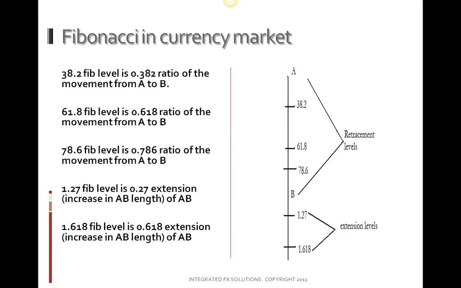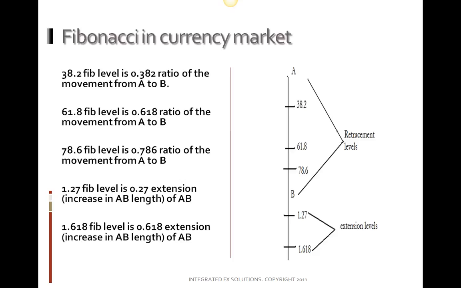The 78.6 Fibonacci level is a 0.786 ratio of the movement from A to B. The retracement at 78.6 is a 78.6% movement from A to B. The 1.27 Fibonacci level is a 0.27 extension increase in the length of AB.